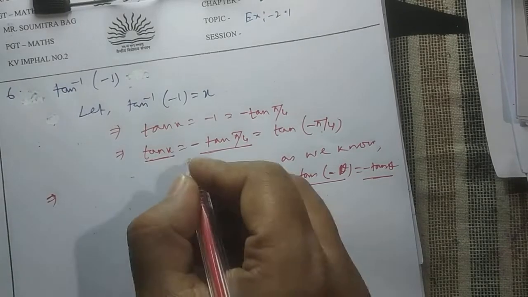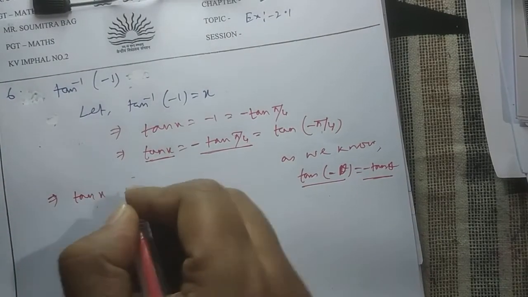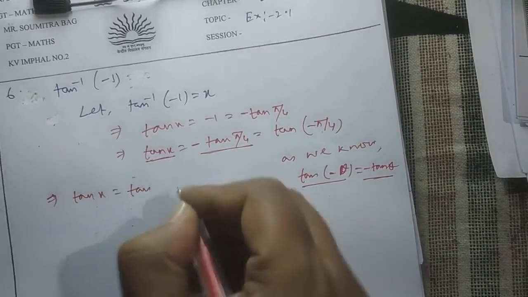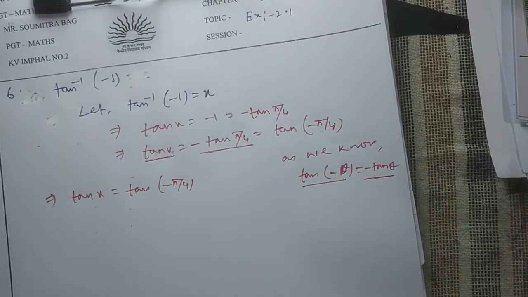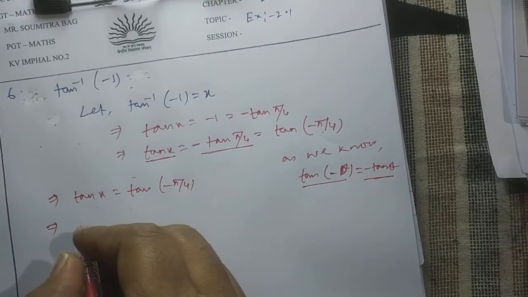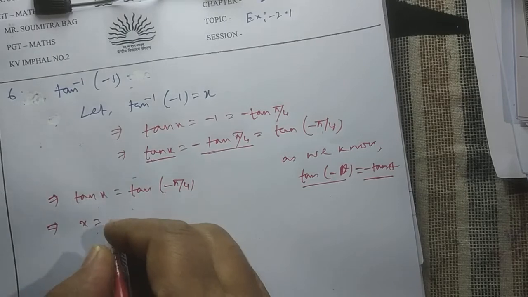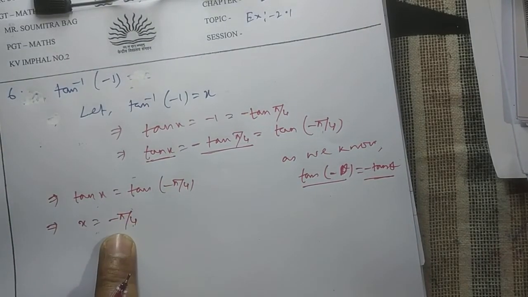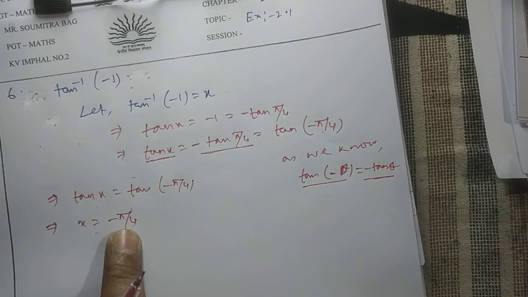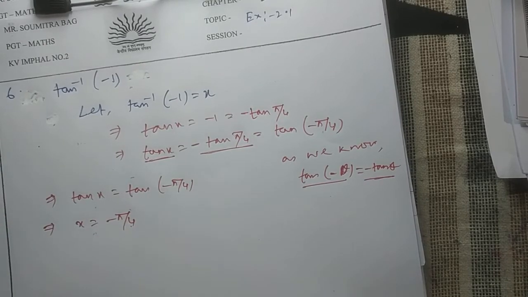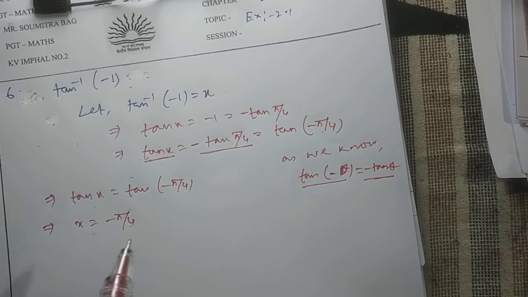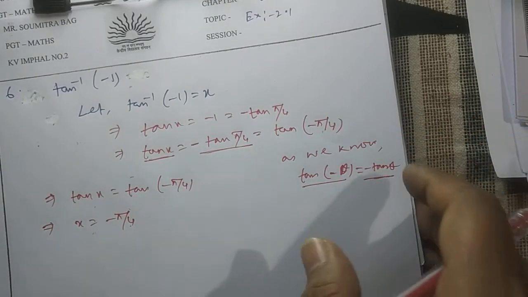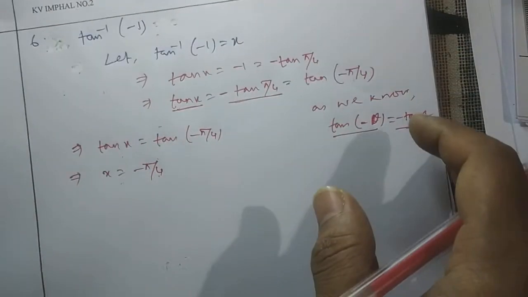Now from here we have got ultimately tan x equal to tan of minus pi by 4. Now on comparing we get x equal to minus pi by 4. In the similar manner we have to verify this minus pi by 4 belongs to the range of tan inverse x or not. If it belongs, then it will be the required PV.